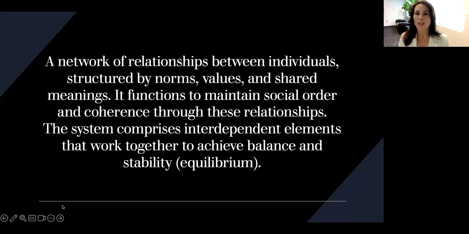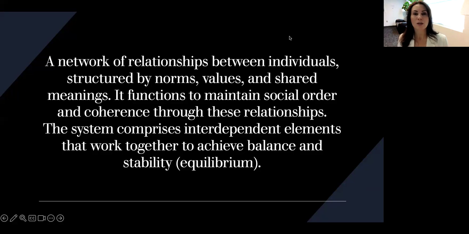So usually I really don't care about definitions too much. But when we have online classes, definitions become very important. Why? Because when I'm teaching in class, I just take my marker and draw pictures of structures and individuals and the norms and values to show students how it really looks in society.